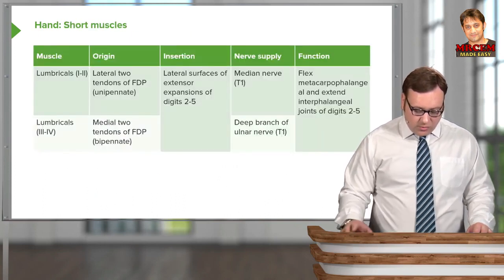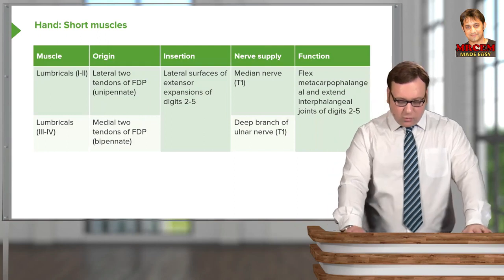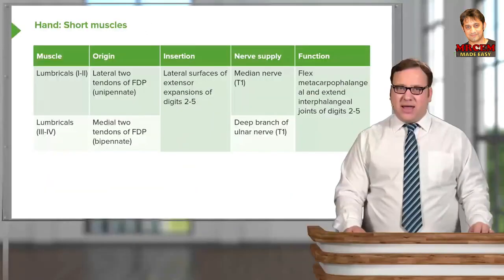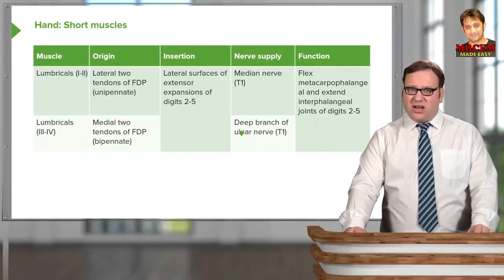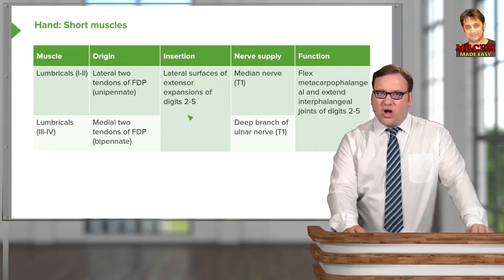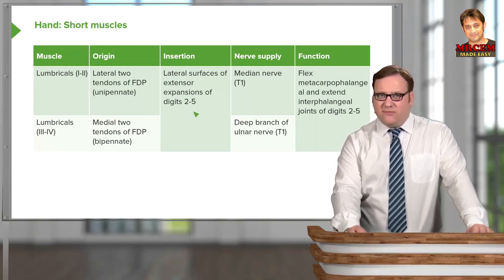So if we have a look, we can see lumbricals 1 and 2. These originate from the lateral 2 tendons of FDP, and these are our unipennate ones I indicated. And then we have lumbricals 3 and 4, and they're originating from the medial 2 tendons of FDP, and these are bipennate. They insert onto the lateral surface of the extensor expansions, as I mentioned, of digits 2 to 5.